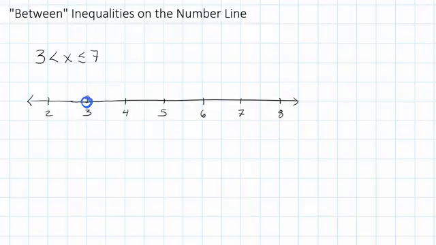My other end is going to be 7. 7 is included, that's less than or equal to. So I'm going to put in a filled dot at 7. And then this inequality says x is between, so I'm going to fill in between, like so.